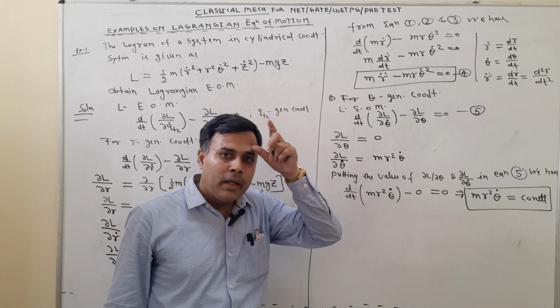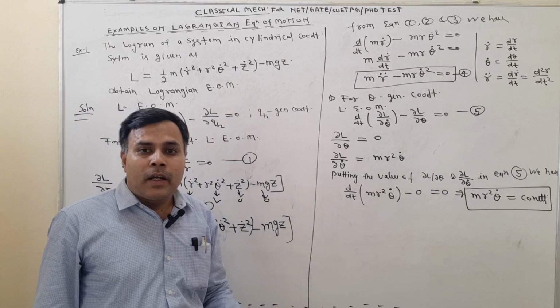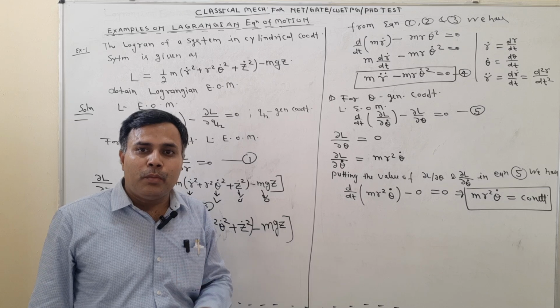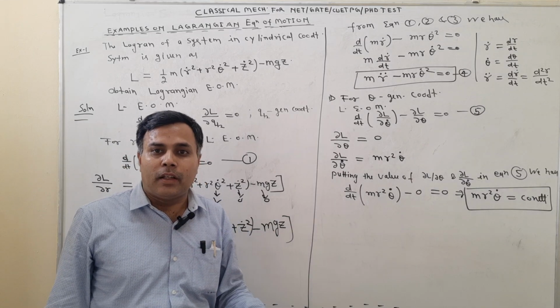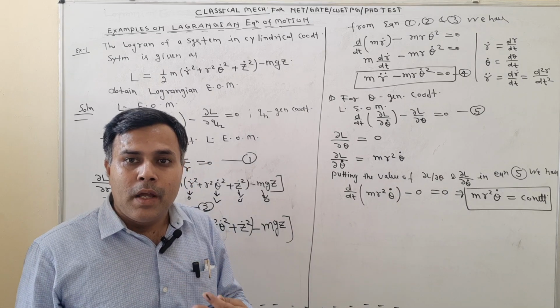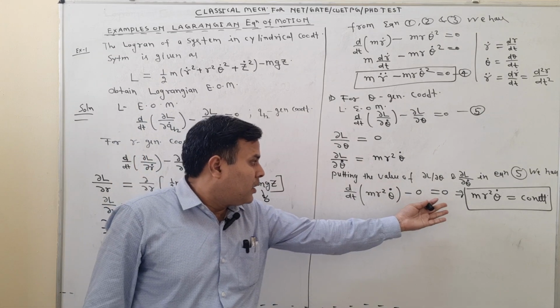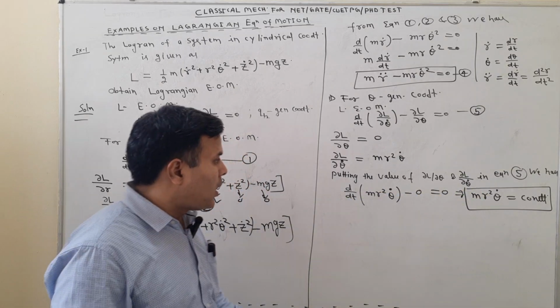This Lagrangian has a cyclic coordinate in theta, so the corresponding p theta, the angular momentum, is conserved, which means there is no torque acting in this direction, because the rate of change of linear momentum is force and the rate of change of angular momentum is torque. So there is no torque acting corresponding to the theta coordinate.